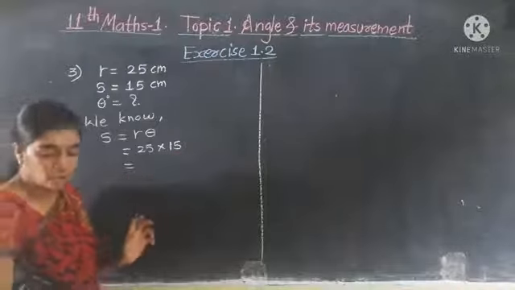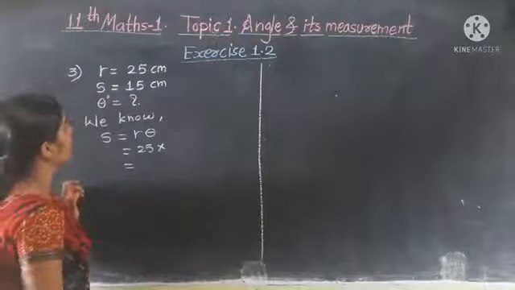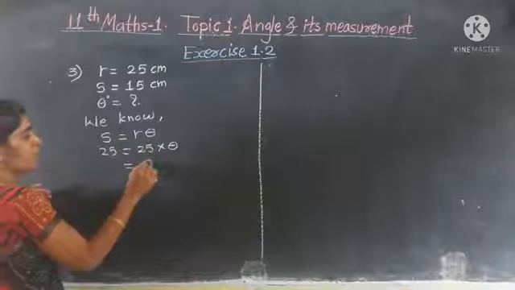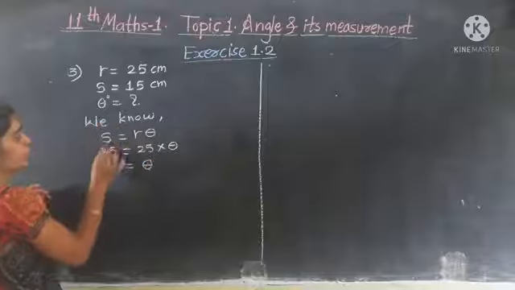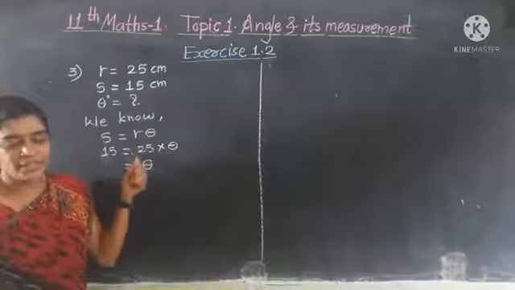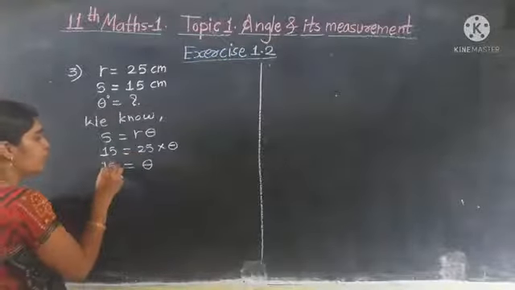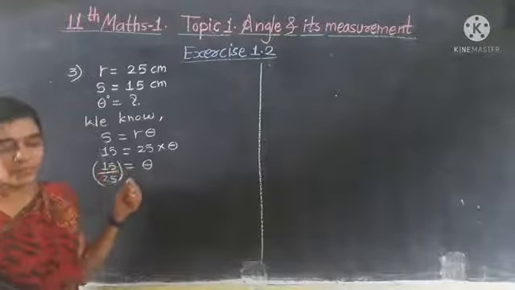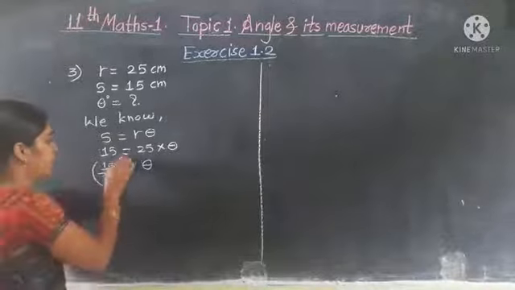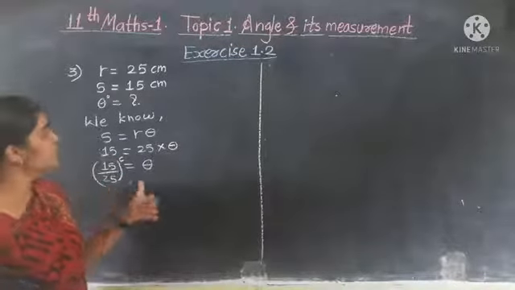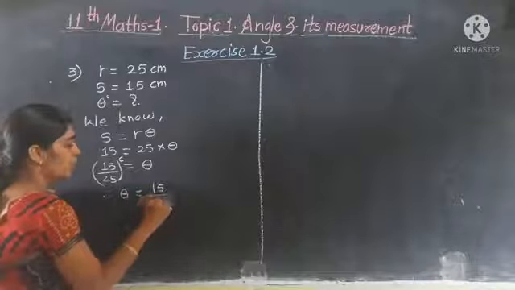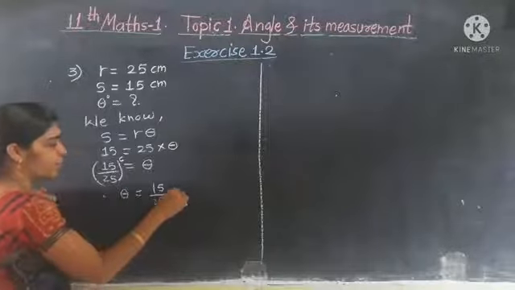Sorry, here theta we want. 25. So we get here theta is equal to 15 upon 25. This is in radian, but we want this in degree. So we write here theta is equal to 15 upon 25 into.